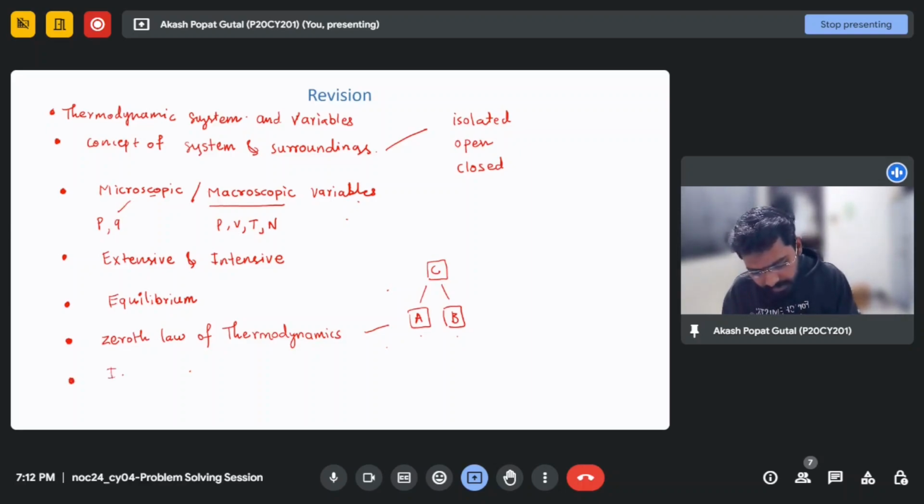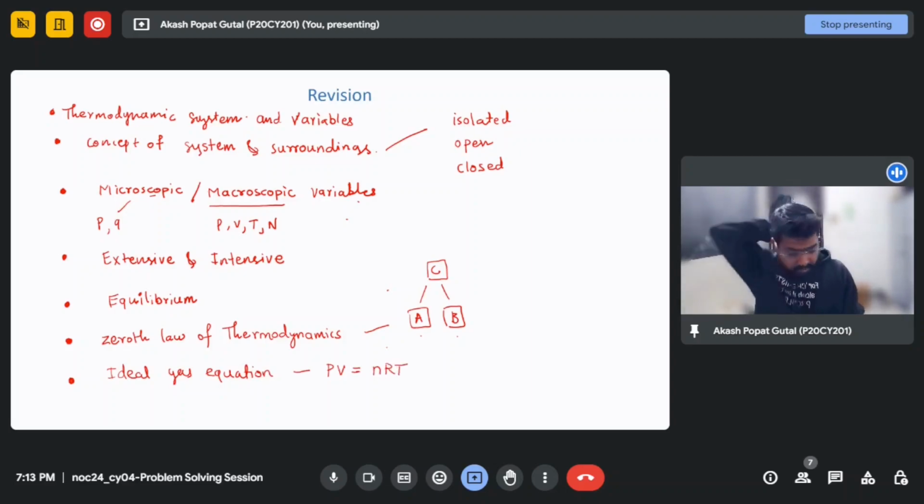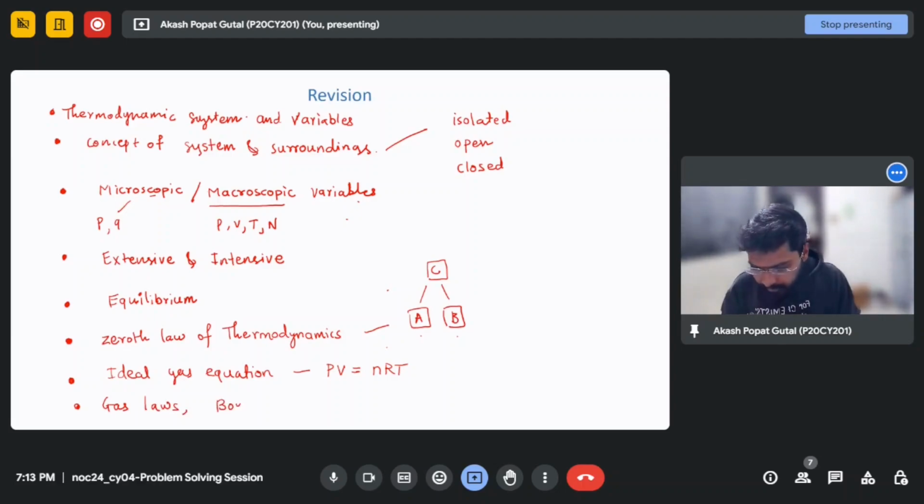After that, we have seen the ideal gas equation, which we all know from our plus two: PV equals nRT, and some gas laws such as Boyle's law and Charles' law.